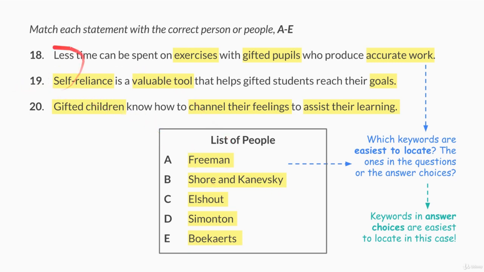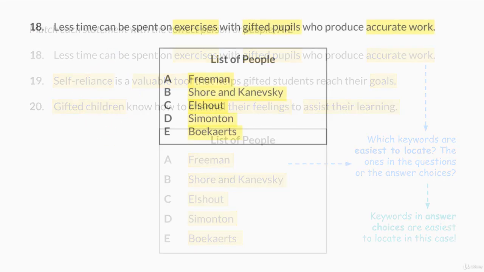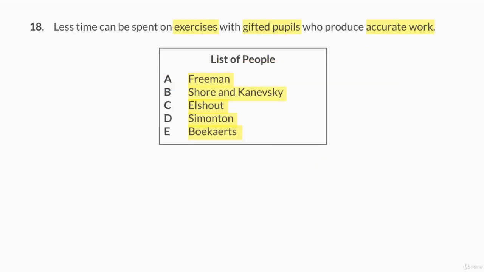So in this case, we're not going to be choosing the easy question first because we don't know which one we're going to be answering first, since we are looking for keywords from the answer choices and not from the questions. So let me show you an example in which the correct answer is going to be for number 18.